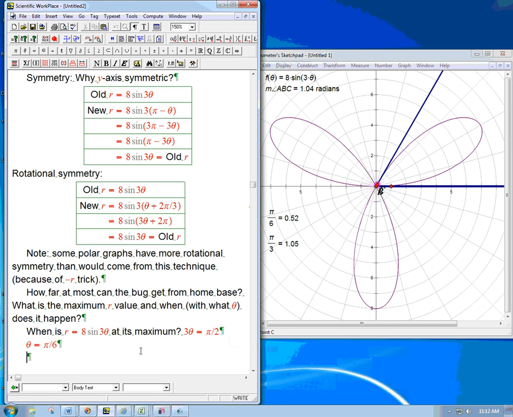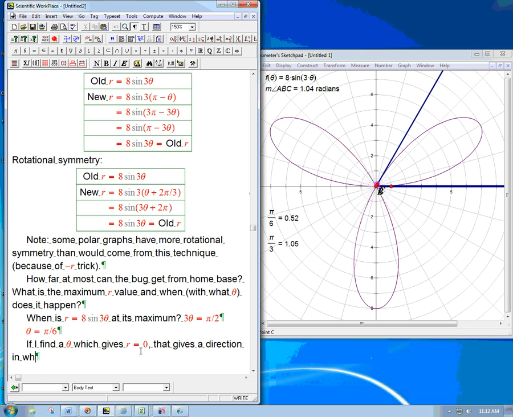So if I find a theta which gives r equals 0, that gives a direction in which the curve comes into or goes out of, depending on your perspective, the origin. Because r equals 0 is the origin, and those thetas are going to be this kind of line. Okay, that's a pretty funky thing. Okay, so we can do that.